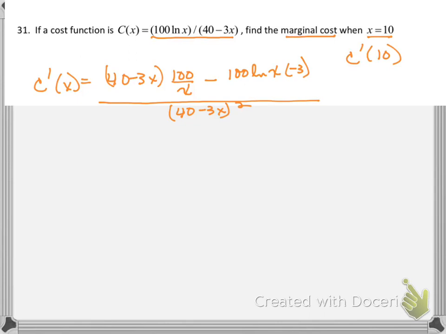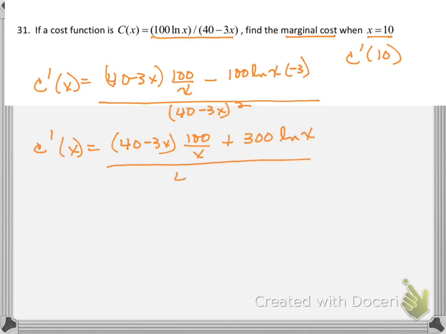Okay, so I'm just going to do one thing to clean up a little bit. I'm going to bring that negative 3 in front, so make that positive 300 natural log of x all over 40 minus 3x squared. Do not cancel anything because you don't have the rule of 3 going on here.